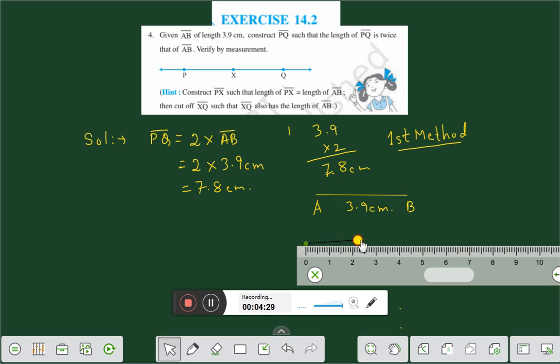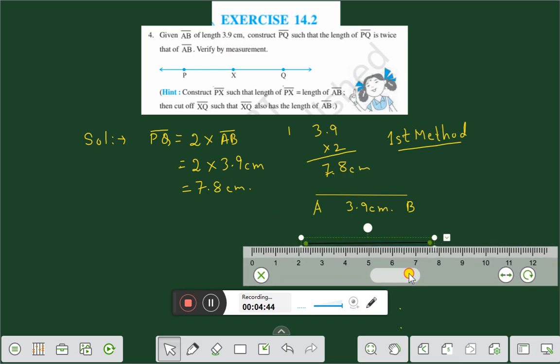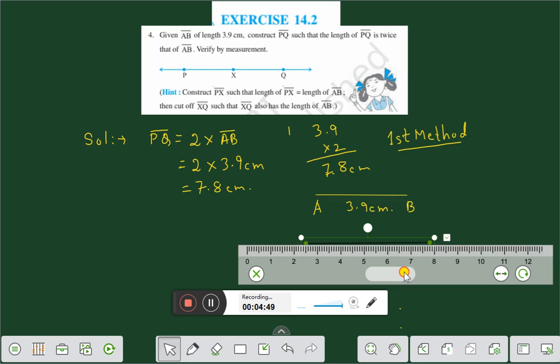Here you see, 5, 6, 7, 8. This is 7.8, and this comes to 0. With the help of a pencil, first take one point at 0, and another at 7.8. This is PQ.